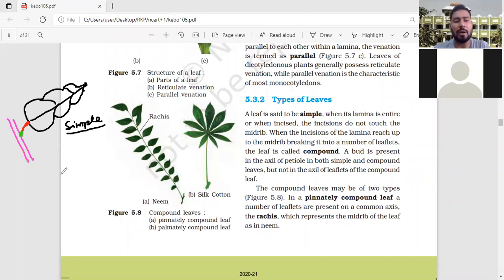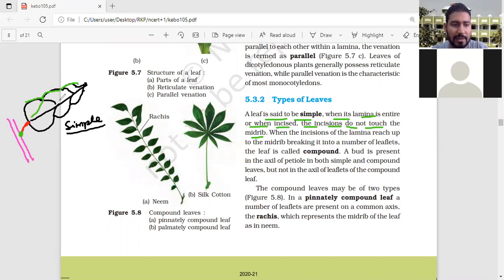Now what we are seeing is the simple leaf. What is the criteria? Just read in your NCERT what it has given. A leaf is said to be simple when its lamina is entire or when incised, the incision does not touch the midrib. Very important. Incision is there, but it is not going to touch.